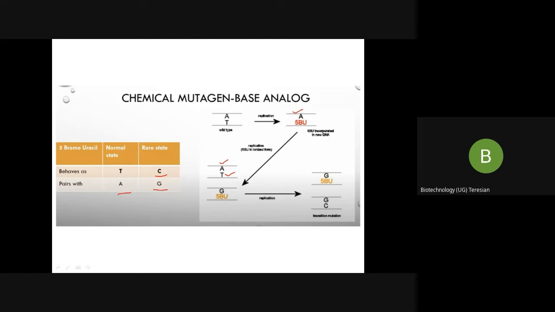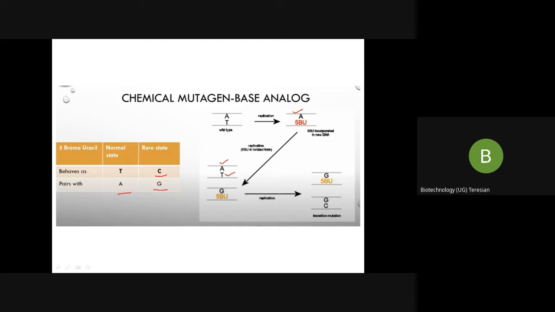But now what has happened? It has gone and bound with guanine. So instead of acting as a thymine, now it is acting in a rare state. It is acting like a cytosine, and then it has gone and bound with the guanine.